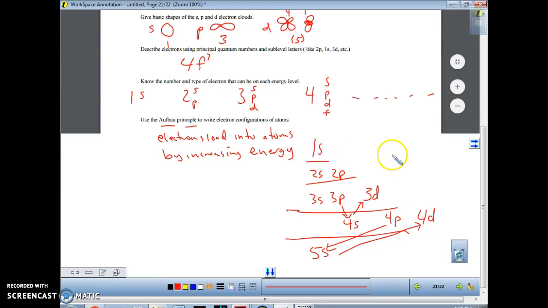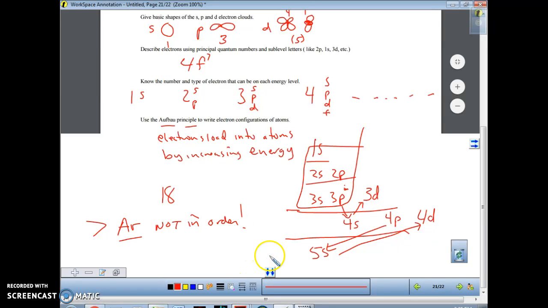You'll be fine for the first 18 elements if you just load them by level. It's right past argon, though. So anything past argon will not be in order. Greater than argon, not in order. Okay?